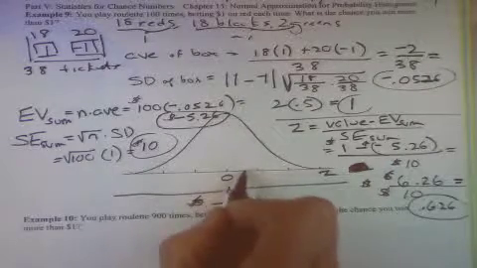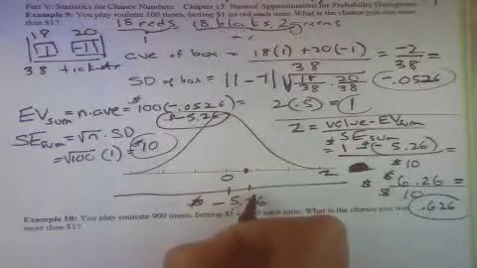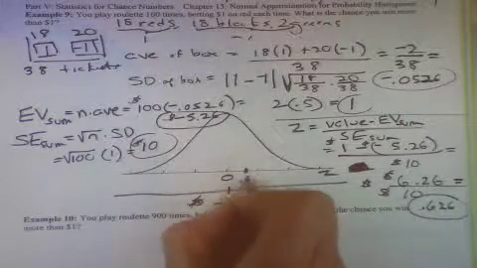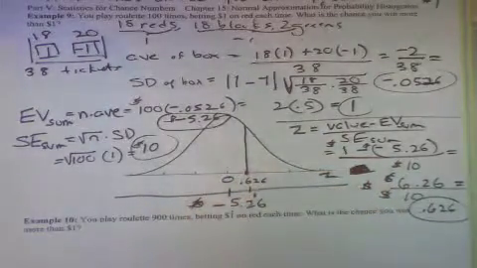So it's going to be right here. That's where we get $1. That's 0.626. And what is that chance?